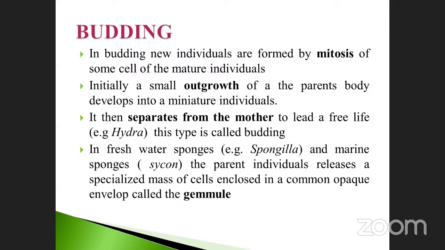Example, Hydra. This type is called budding. Maximum budding is seen in freshwater sponges, example Spongilla, which look like a sponge in nature. When it comes out of the sea, it may be hardened.